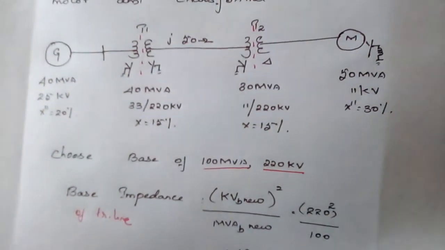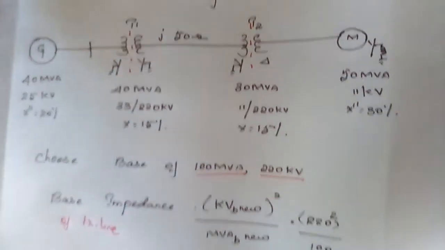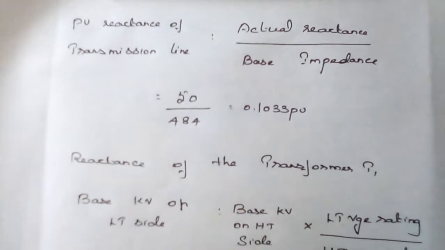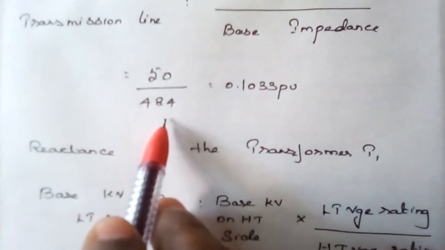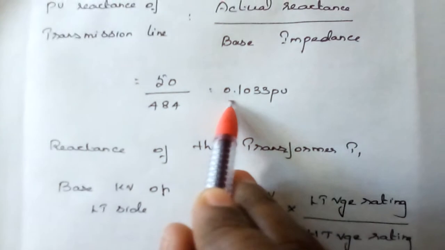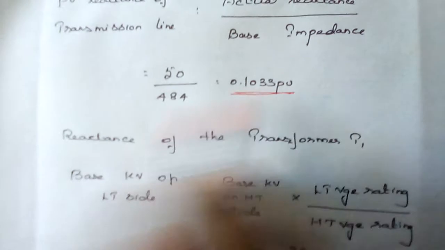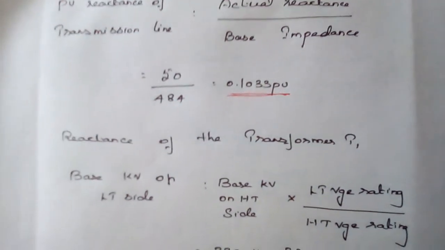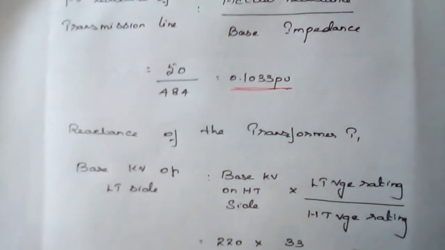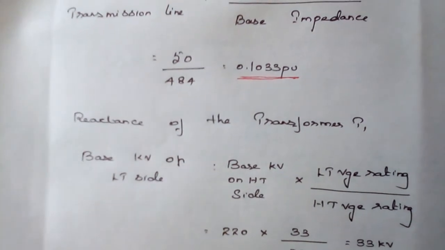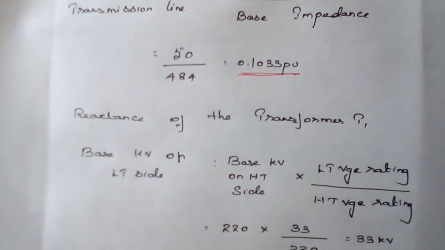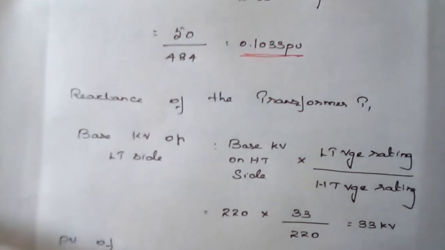Next we need to calculate the per unit for the transmission line, given by actual divided by base. The actual value is 50 ohm and the base which we have calculated is 484 ohm. I get the per unit value as 0.1033 per unit. We initially started with the transmission line since the base MVA and kV are given for the transmission line.